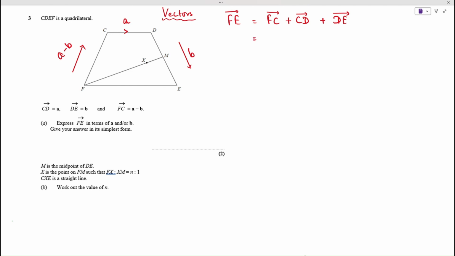So F to C is a minus b, plus C to D, which is a, plus D to E, which is b. Simplifying this down, we are left with F to E is equal to 2a.